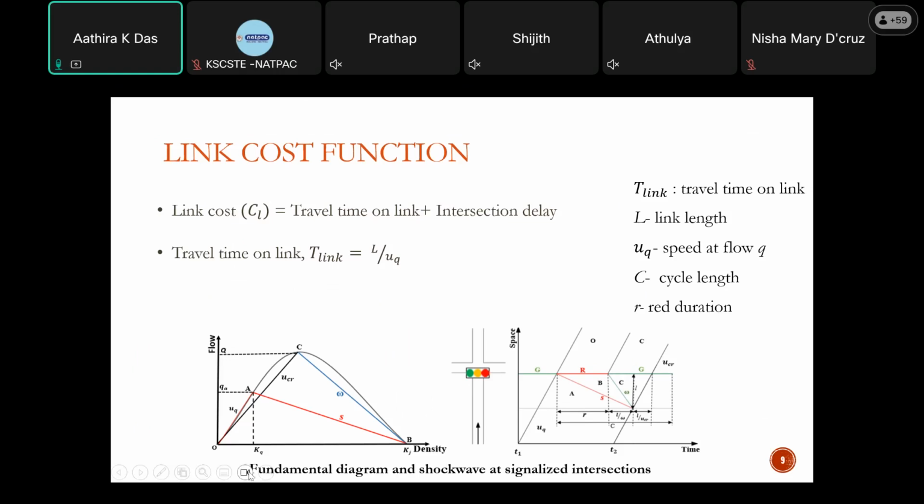Therefore, the average delay is given as the duration T2 minus T1 divided by the cycle length into R by 2. Here, each term is explained. R gives the red duration and C gives the cycle time.